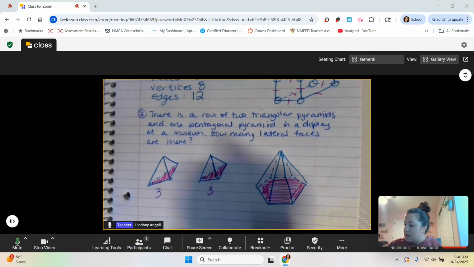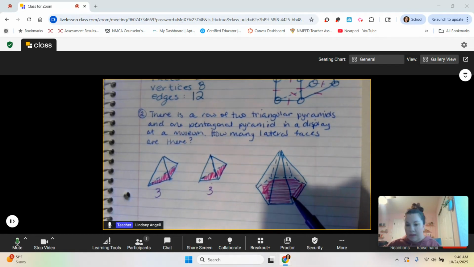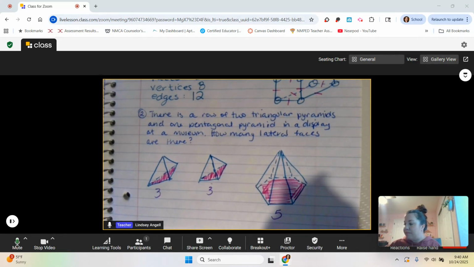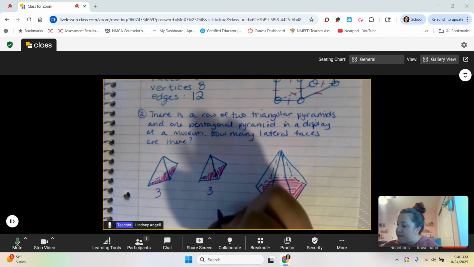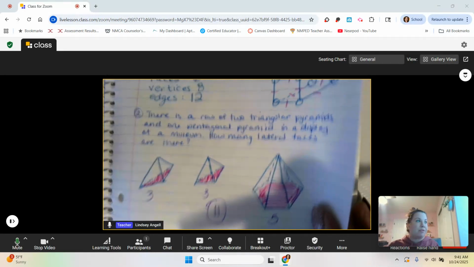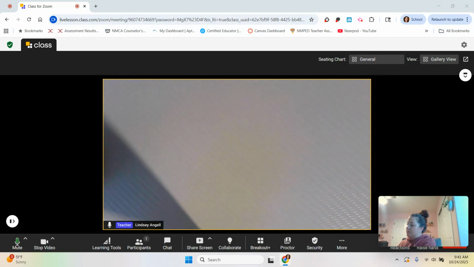This one would also be 3. This one, there are 5 lateral sides connected to the base, okay? And they all meet up at the apex. So all together, we have 3 plus 3 is 6, plus 5 is 11. Okay, that's how many lateral faces there are.